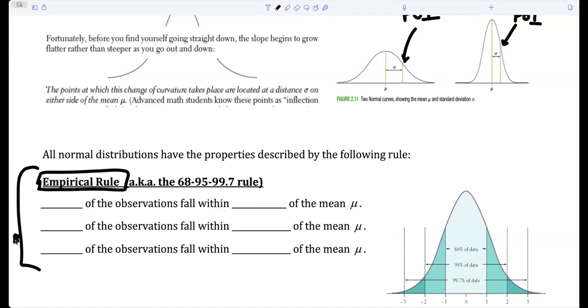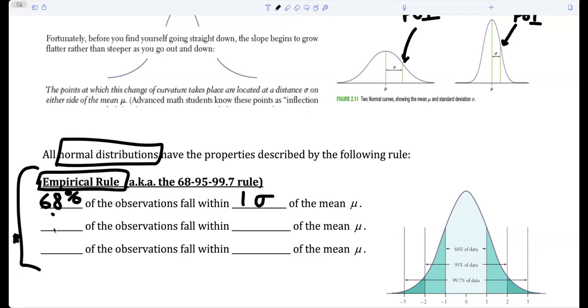So the empirical rule says, first of all, this only applies for a normal distribution. It has to be normal for this to apply. But if it is a normal distribution, then 68% of the observations will fall within one standard deviation of the mean.